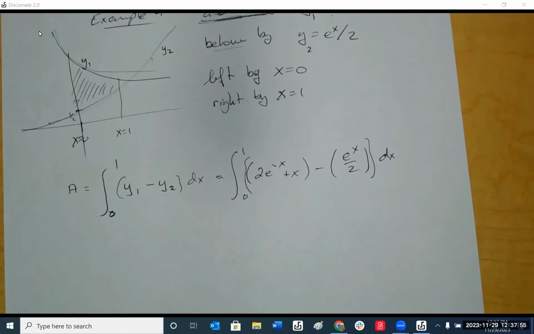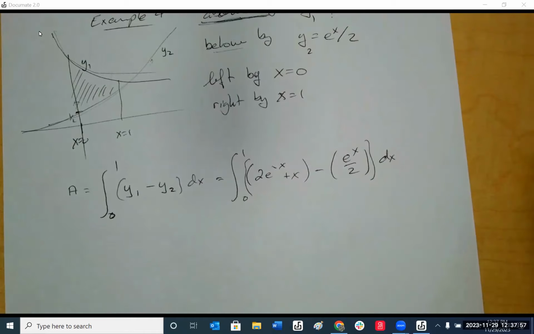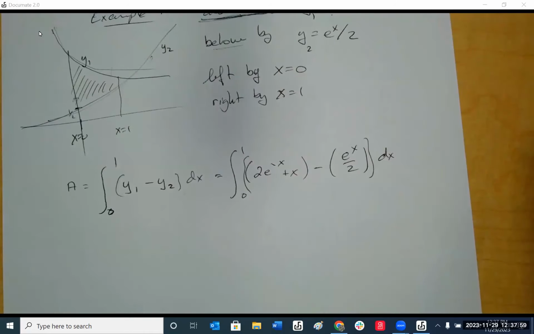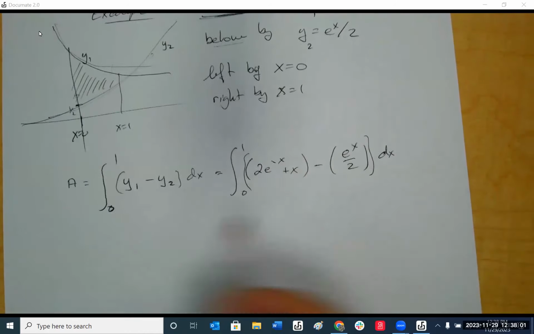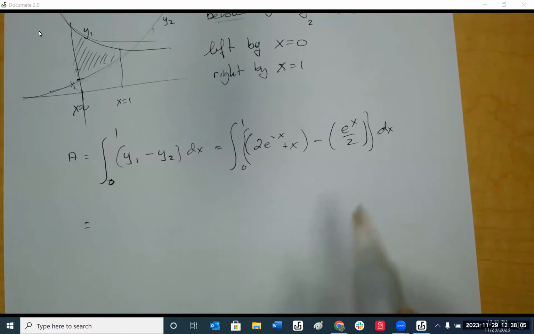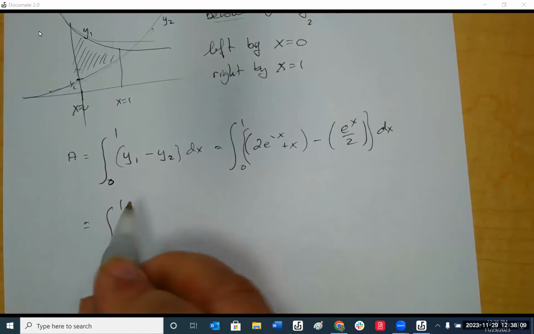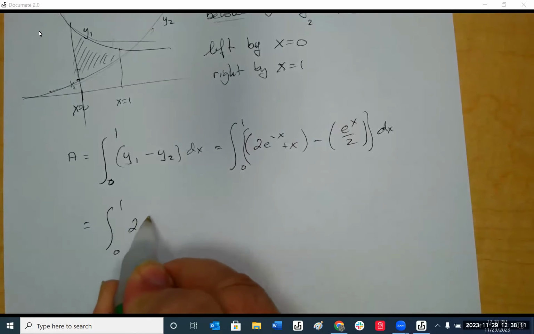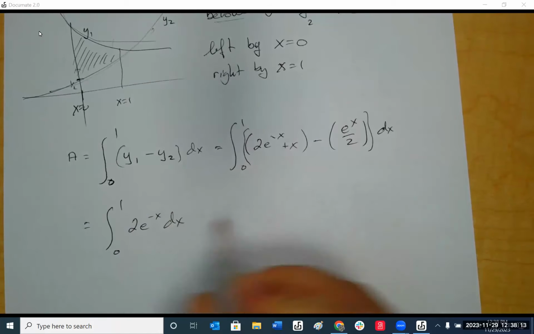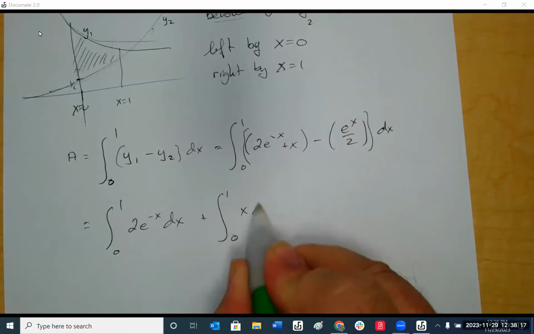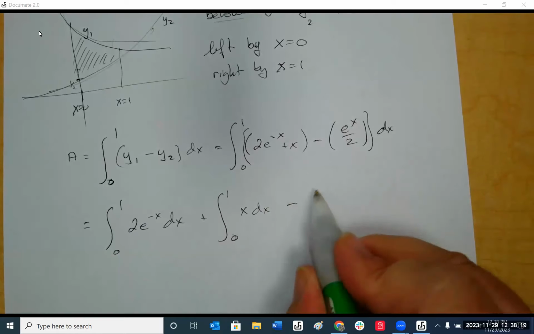So that's what I'm looking at. We can separate them by using the plus and minus rules.